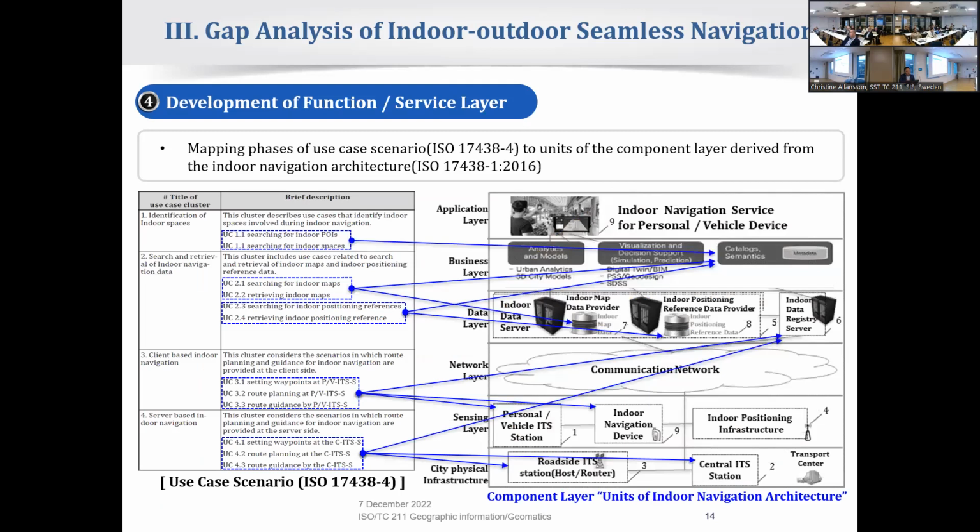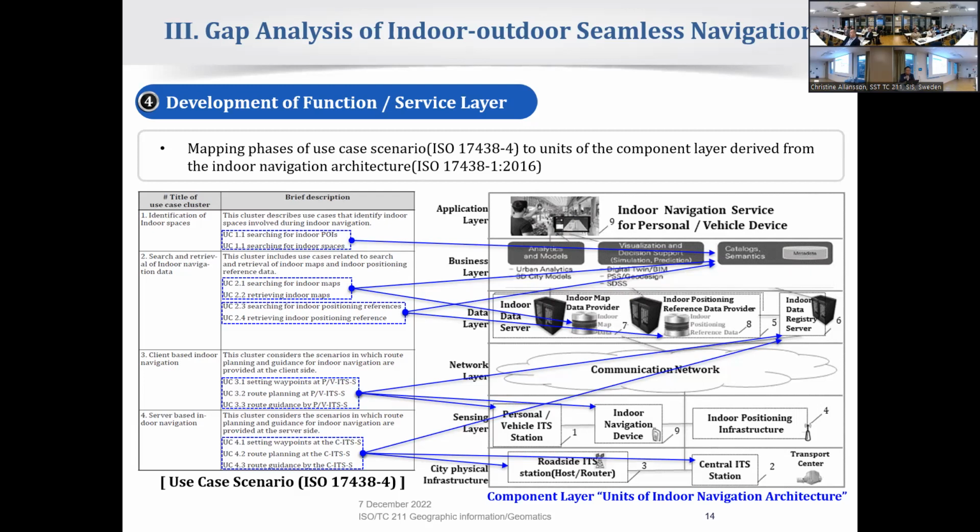Then development of the function service layer is a little bit hairy to explain, but the basic idea is to take the use case description and match that to the specific components in that component layer in the ITS service. So there are several matching arrows going from the left side to the right-hand side.